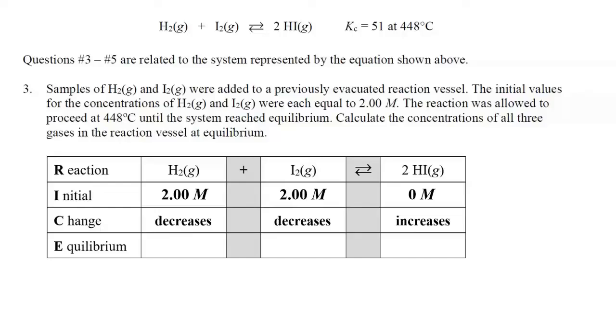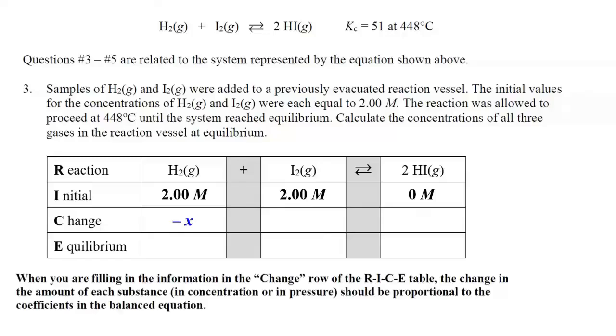Now, for the change, since we don't know the number, we're going to use change in terms of x. So for the change in hydrogen, it's going to be minus x. And for the change in iodine, it's going to be minus x. And for the change in hydrogen iodide, it's going to be plus 2x.